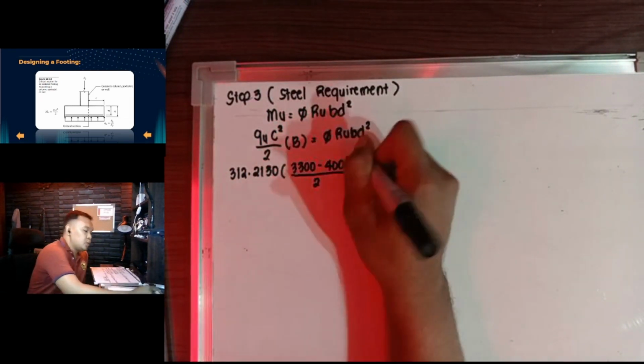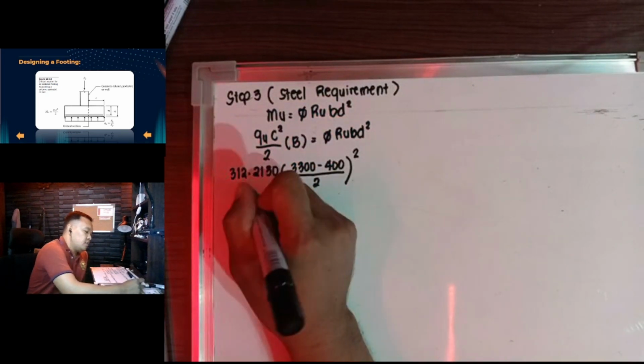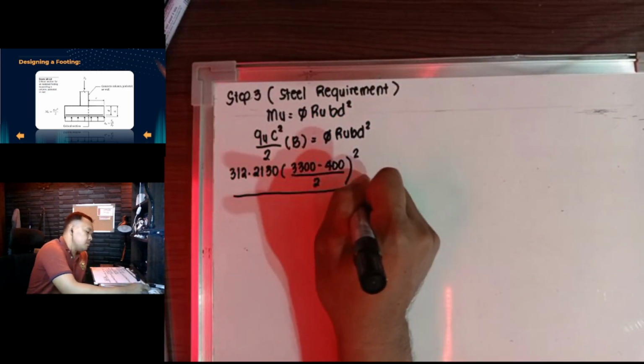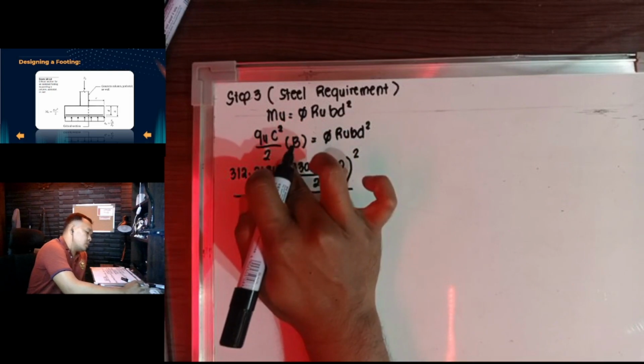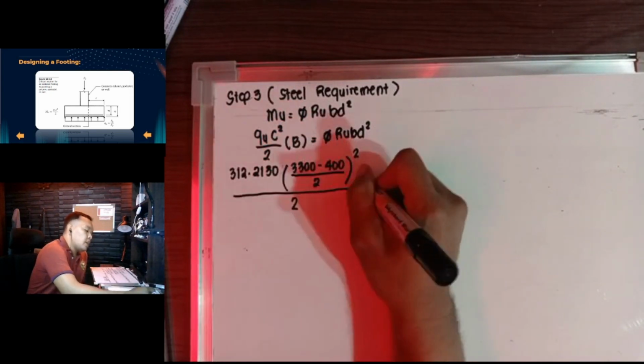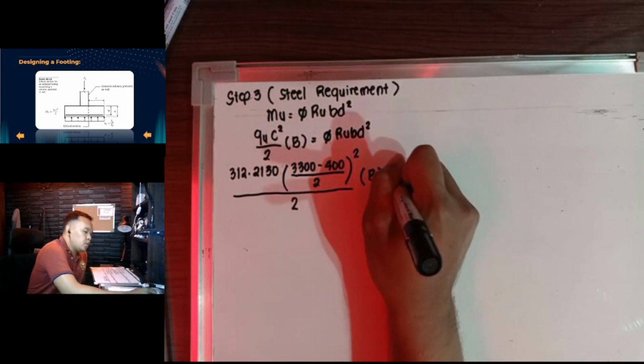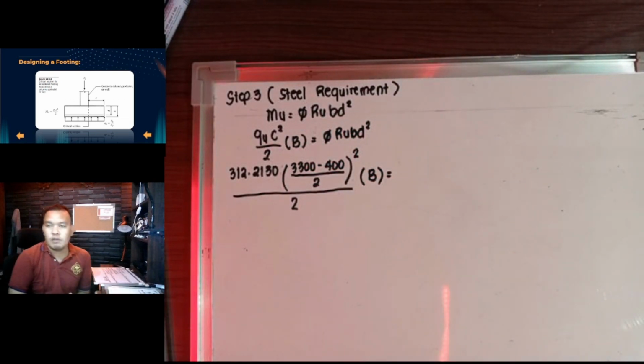No? Then, squared natin divided by 2 times yung B equivalent kay phi. When we're talking about flexure, the phi for flexure or the reduction factor phi is equivalent kay 0.9 naman po.